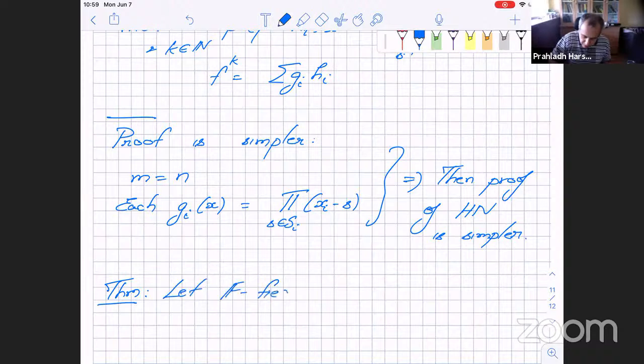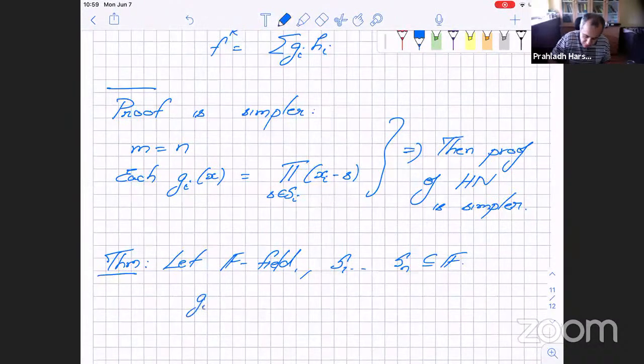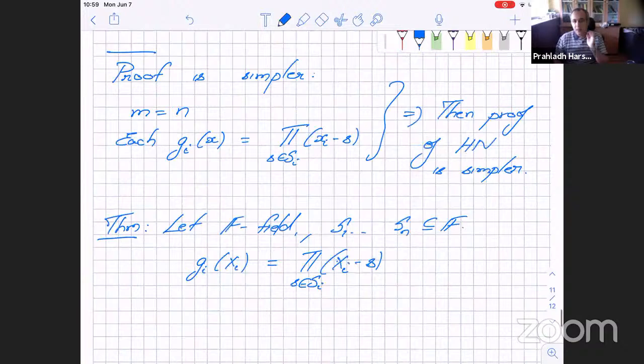S1, S2, Sn are subsets of F. The gi's: gi of xi is the polynomial defined as above, the product over s in Si of (xi minus s). And I'm just stating it in a weird fashion.